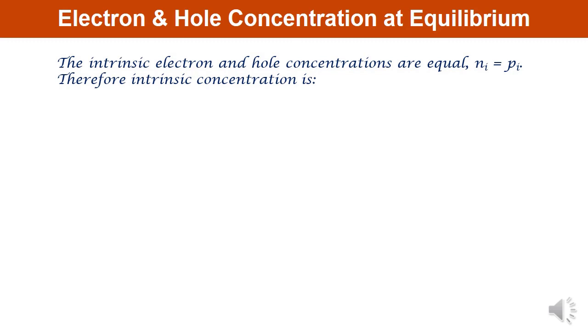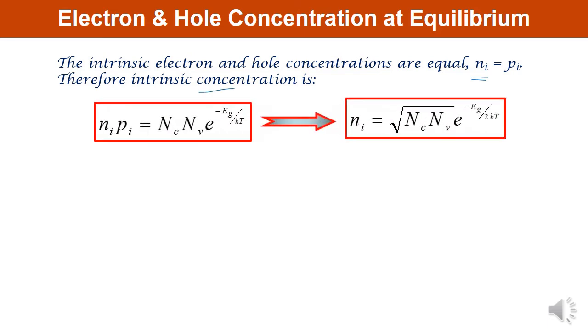The intrinsic hole and electron concentrations are equal. You know that Ni is equal to Pi, number of electrons and holes are equal. Therefore, how to write down the intrinsic concentration? NiPi you have calculated in the previous case.